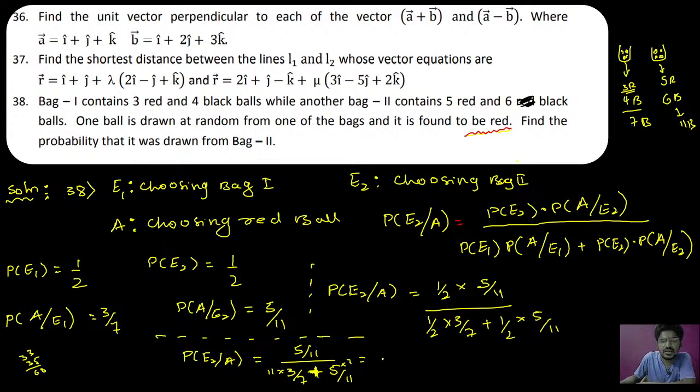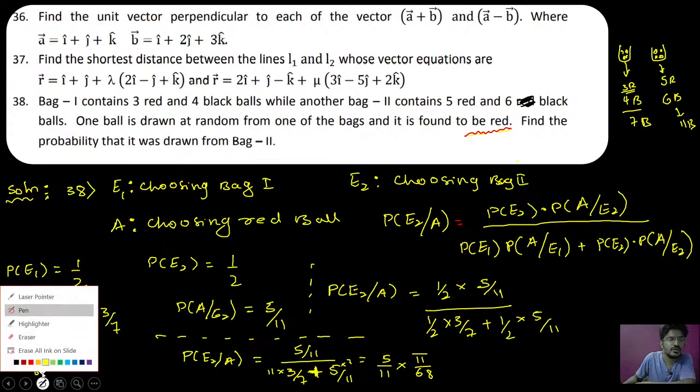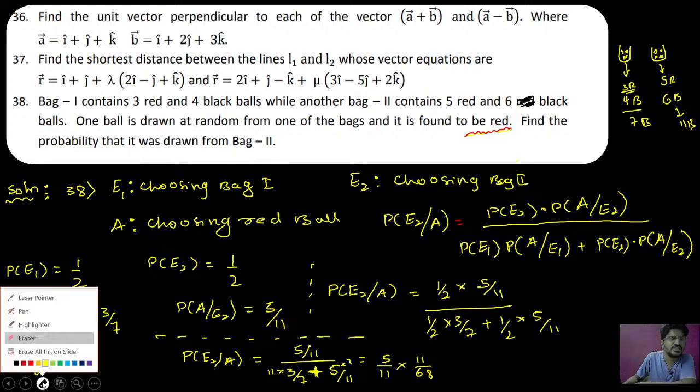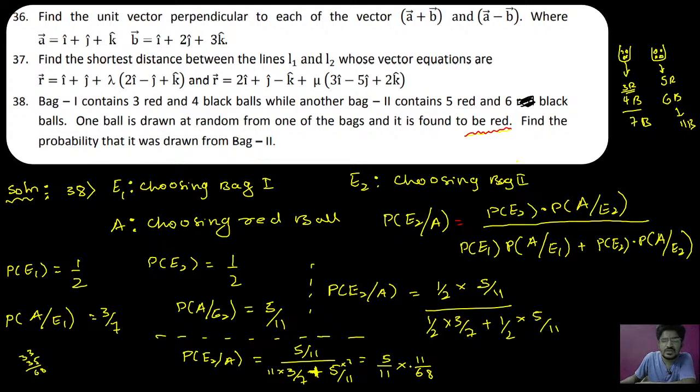So that will be 5 by 11 into 77 by 68, because the LCM is 77.